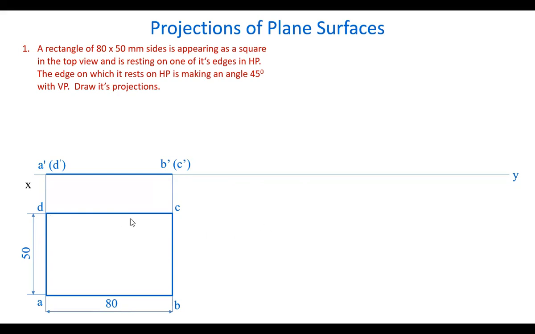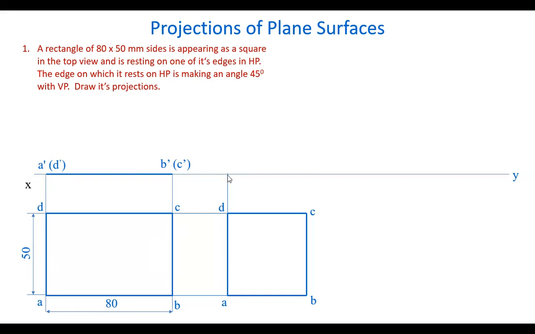So from this top view itself, let's draw the top view here like this. We draw the square here. The square is drawn first. Now from this, let's take the front view. How? Take the AD edge in the horizontal plane. I'm assuming that this plane is lifted like this in this direction.